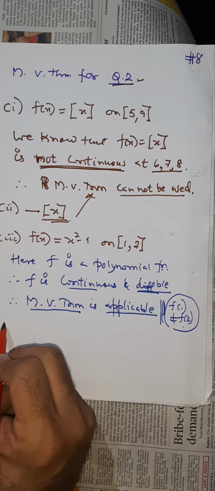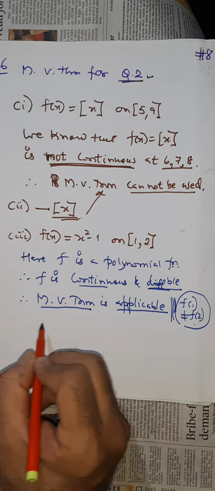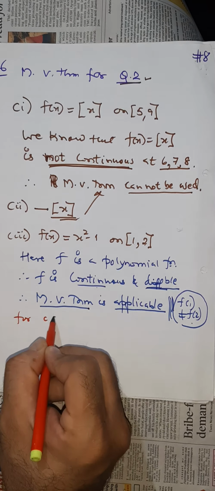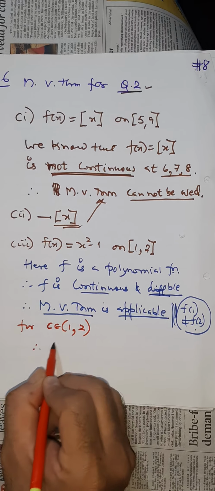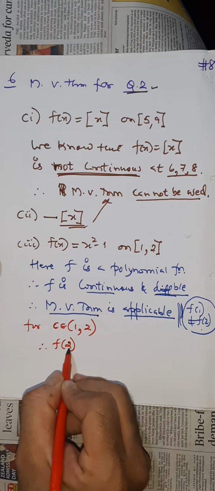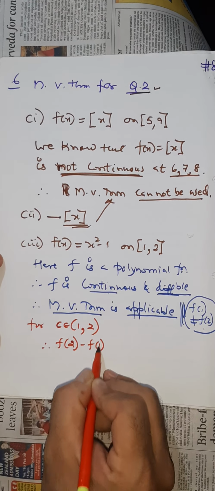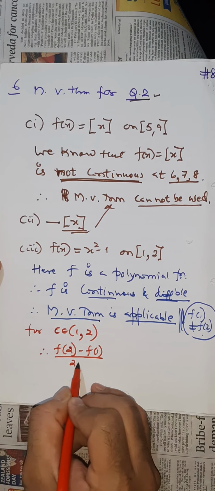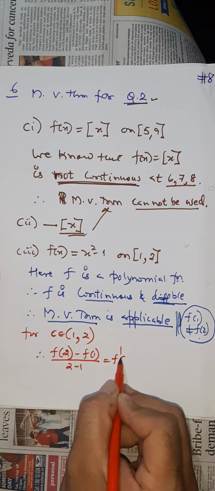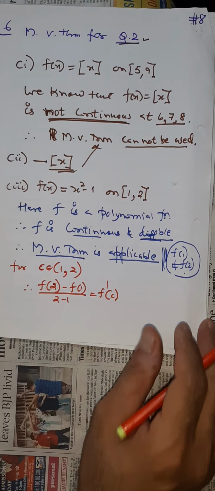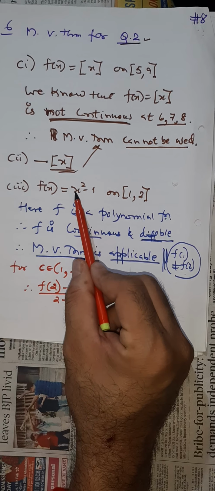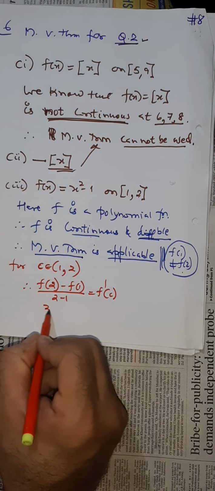Now you can find the c. So for c belongs to open interval 1 to 2, we have f of b, that is f of 2 minus f of 1 upon 2 minus 1 equals f dash c. Okay, what is f of 2? That is 4 minus 1, which is 3.